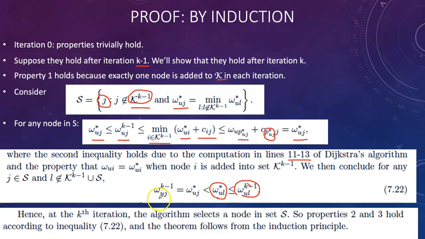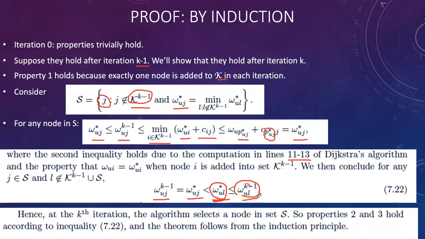Why? Because as they have not been selected into set S, their current cost and their eventual true minimum cost is strictly larger than W_j star, which is less than or equal to their current cost.